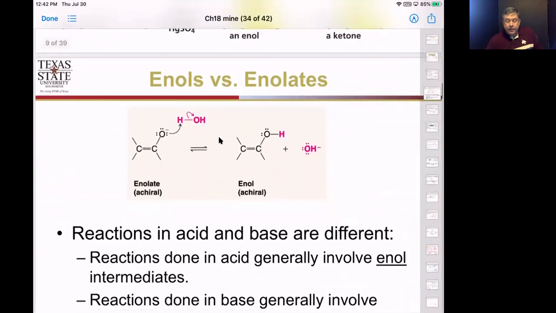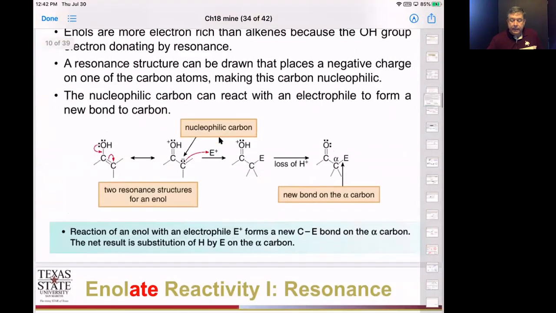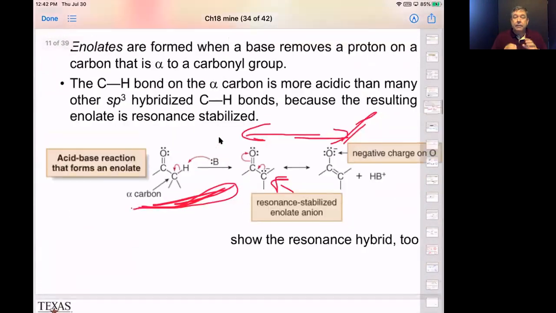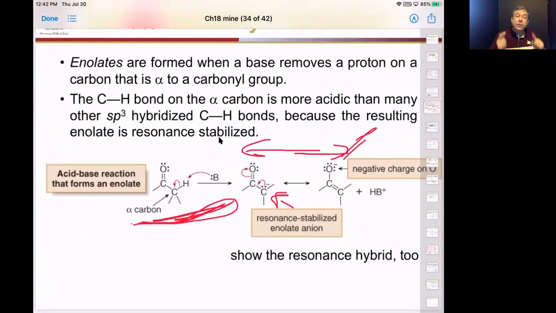And the next is our enolate. The formation of our enolate is our key step here because we use this enolate in all of our reactions in chapter 19, okay? Our enolate is this resonance stabilized form where we have a negative charge on oxygen in resonance with a negative charge on carbon.